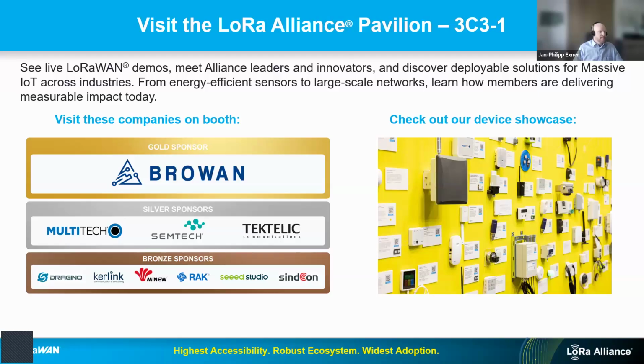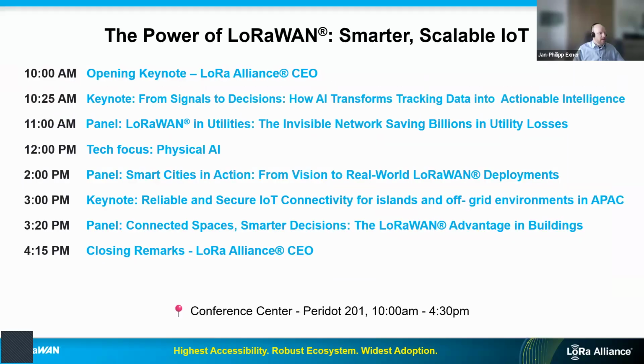On the next slide, you see that we also have various topics to present there. So we have an opening keynote by our CEO, Alpa, starting right up in the morning, and we have various keynotes focusing on AI as well as the potential for utilities in saving losses.